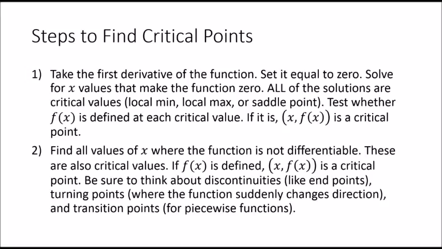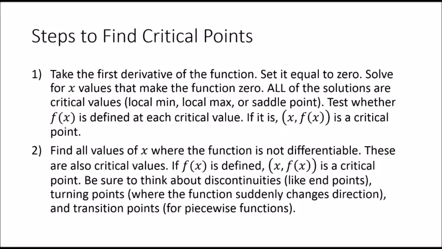If you're looking for this second kind of critical point, basically you're looking for any kind of discontinuity like endpoints, transition points for piecewise functions, or any kind of turning point like when an absolute value function suddenly reverses course at the x-axis.